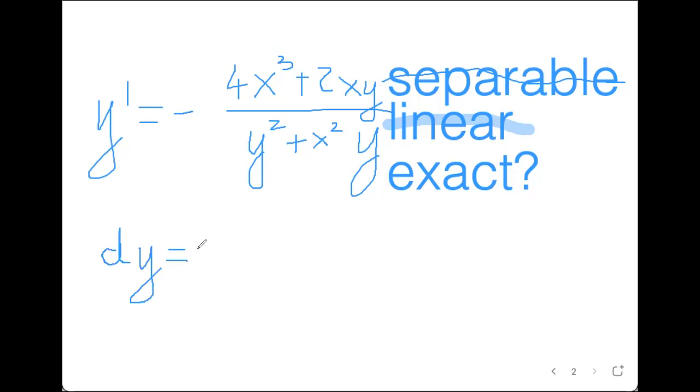is equal to minus 4x cubed plus 2xy over y squared plus x squared y times dx.